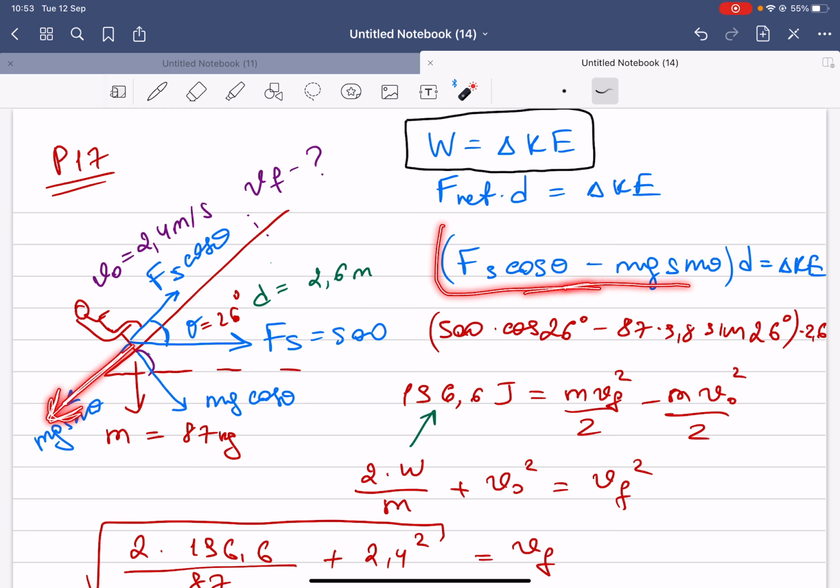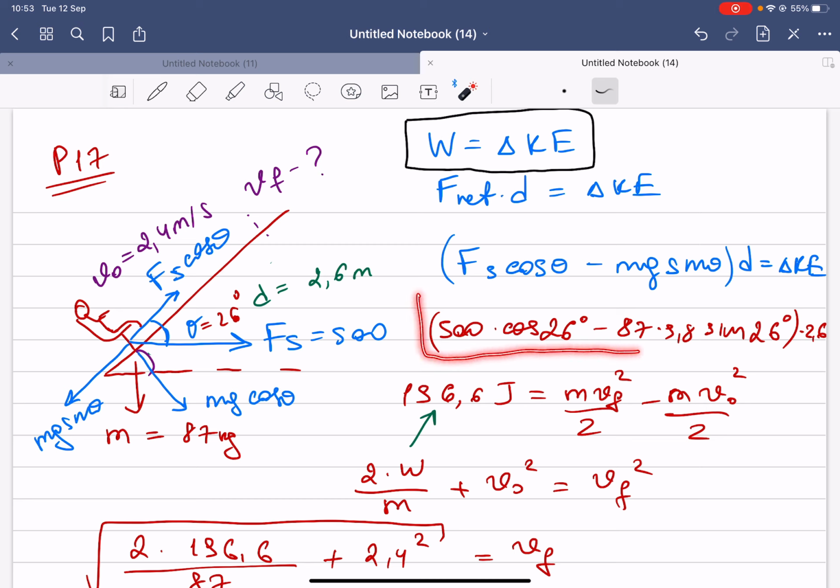Fs cosine theta minus mg sine theta, multiplied by d, gives you this work, and that's equal to the change in kinetic energy. First, let's calculate the total work done on this professor.